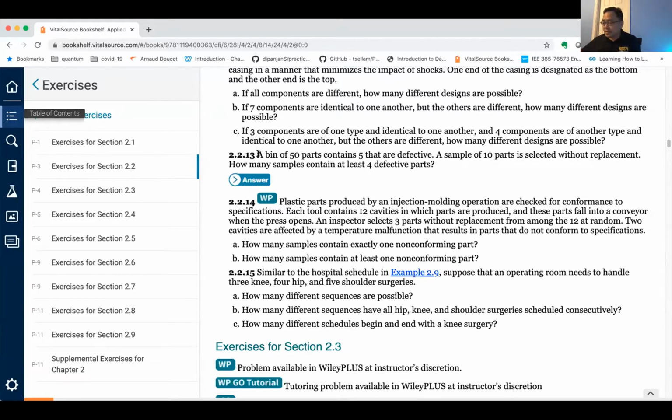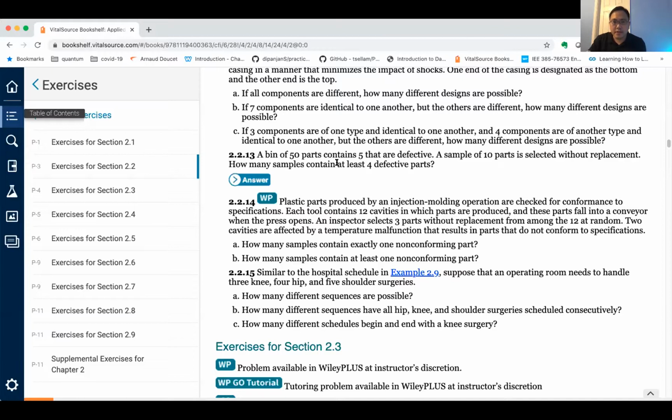Well, this problem says a bin has 50 parts, and among those 50 parts, 5 parts are defective. Okay, we choose 10 parts from the bin. So from 50 parts, we choose 10, without replacement. Okay, how many samples contain at least 4 defective parts?